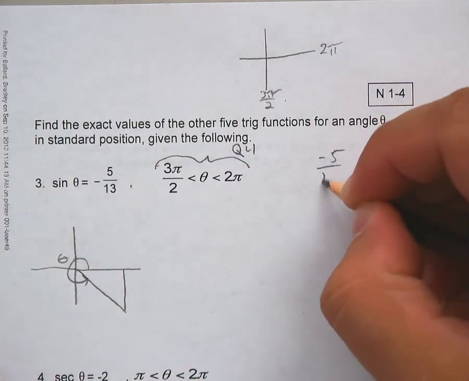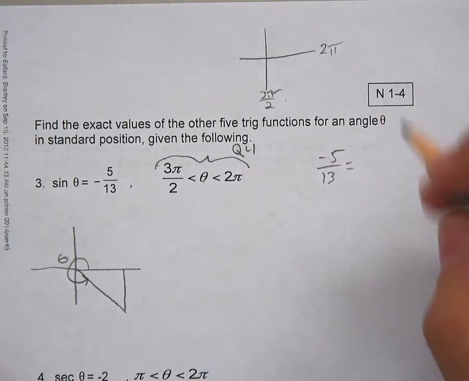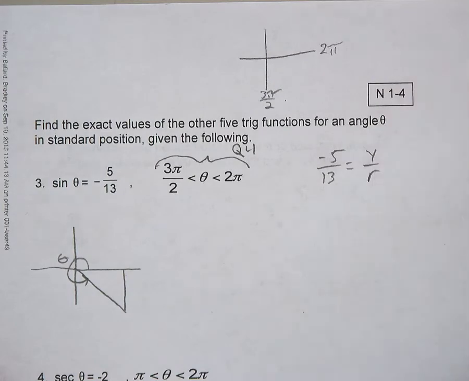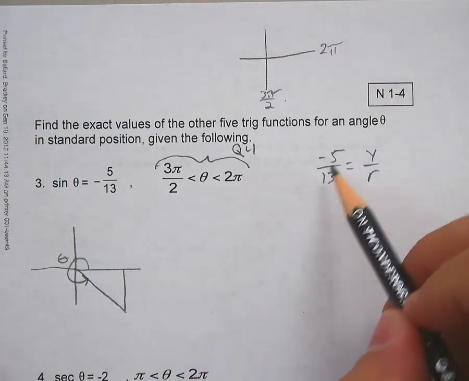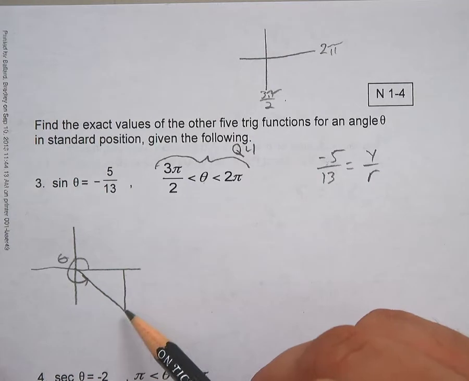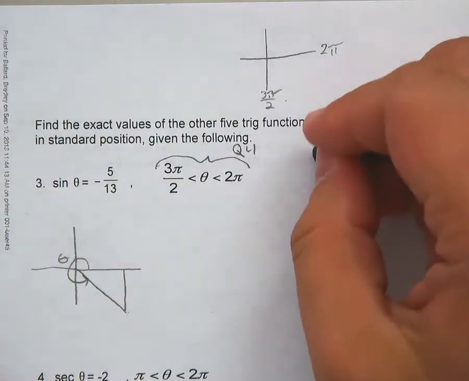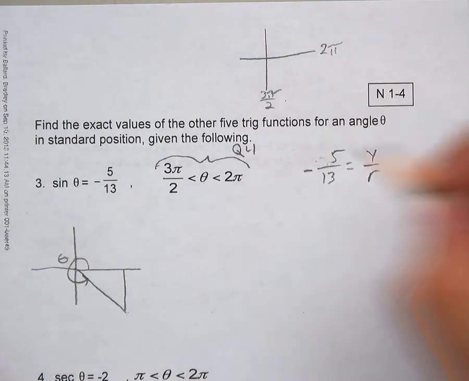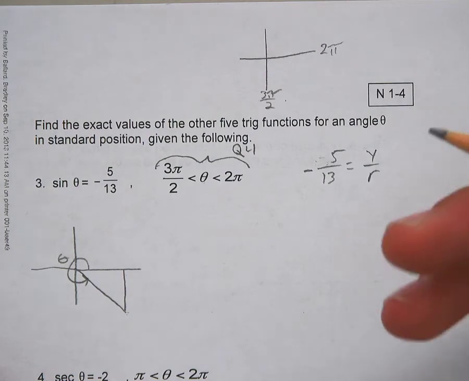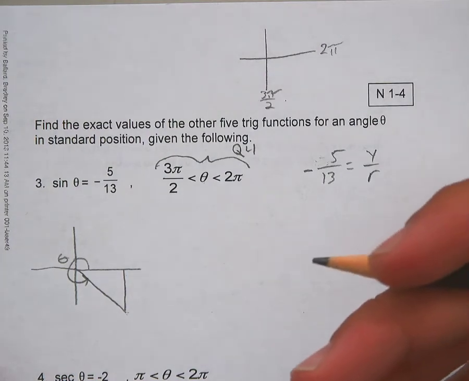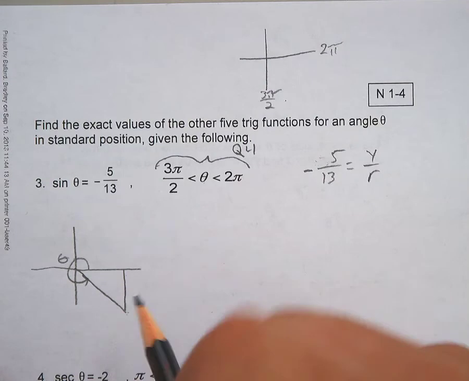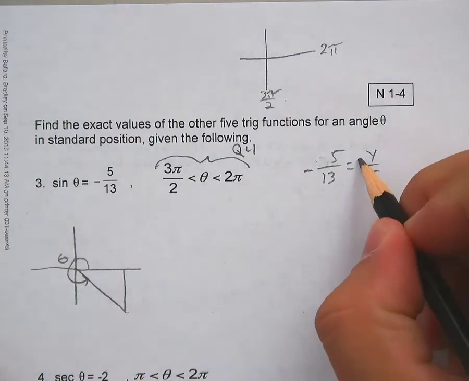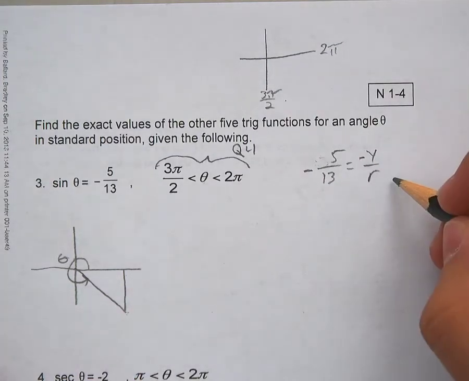Negative 5 over 13. Now we know that sine is y over r, right? Where does that negative have to go then? Think about the position. Right now it's somewhat like this. So where would that negative have to go in order to end up in the 4th quadrant? It would have to go on your y, wouldn't it? Because r is always positive.